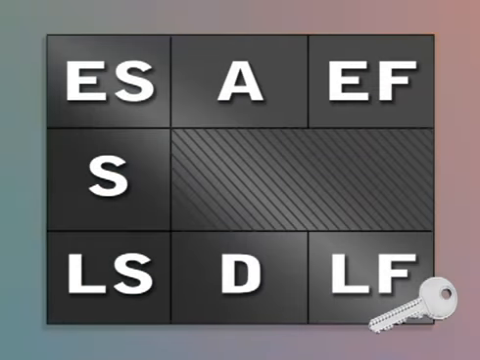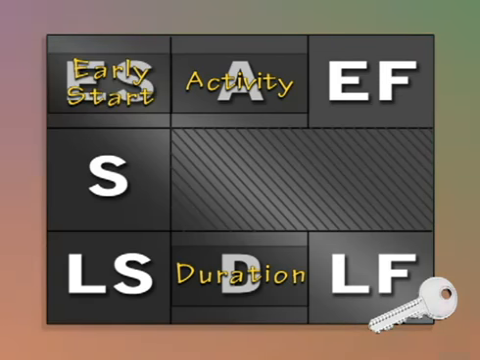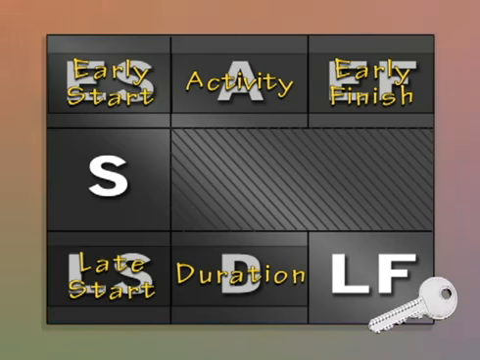We're going to use a method that's a little different than in your book. We're going to use this key. If you'll notice in the center block, A represents activity, and down here D represents duration, whereas ES is early start, EF is early finish, LS late start, and LF late finish.